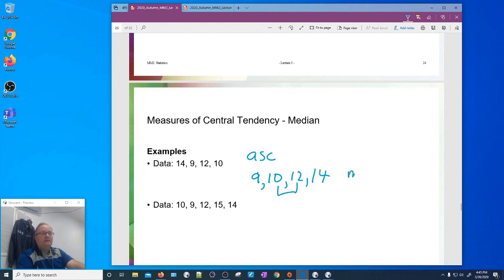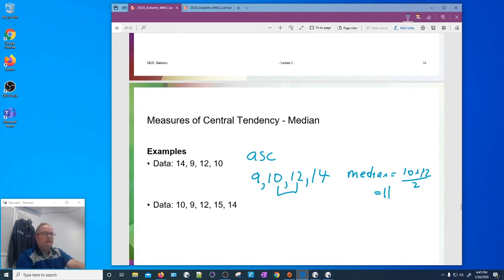So the median in this particular example will be equal to 10 plus 12 divided by 2, and so that's 11. So our median is 22 divided by 2, which is 11, for that particular data set.